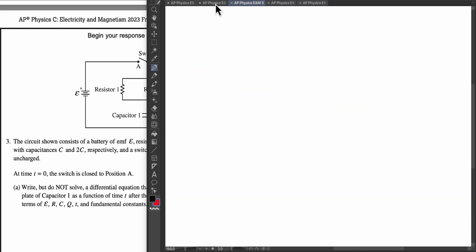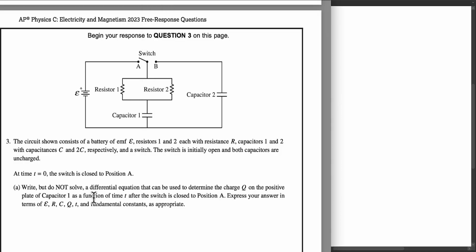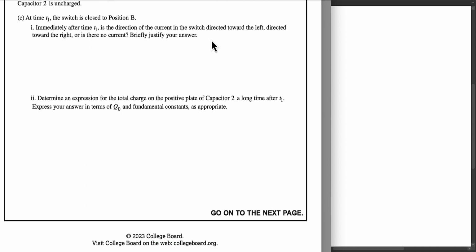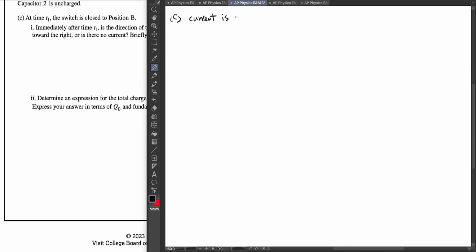So for C here, the current is to the right, which is charging C2, capacitor 2.